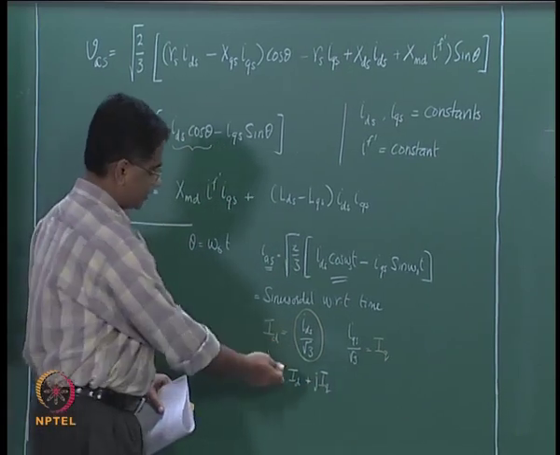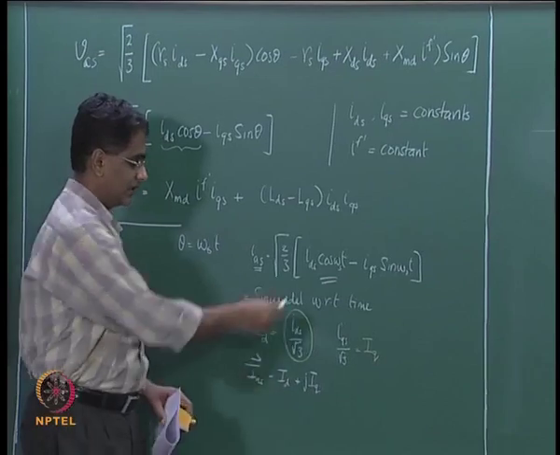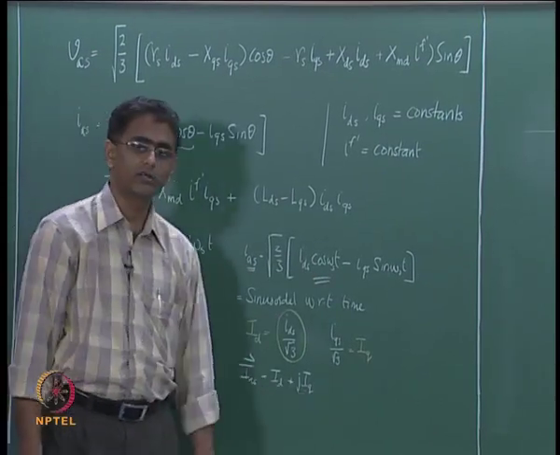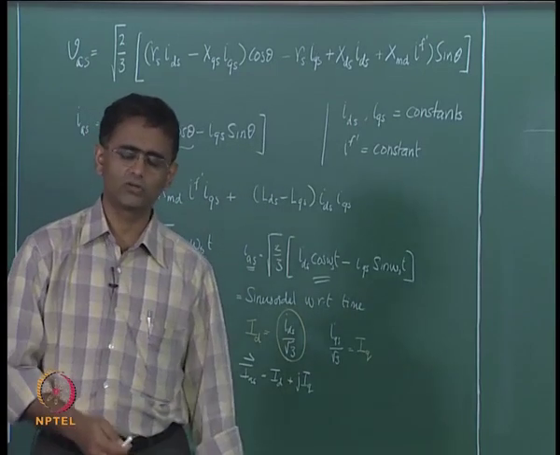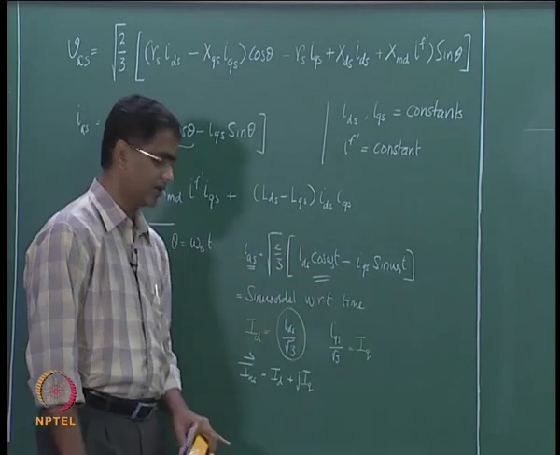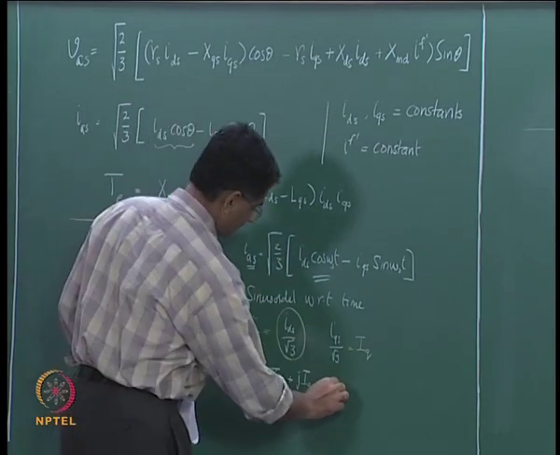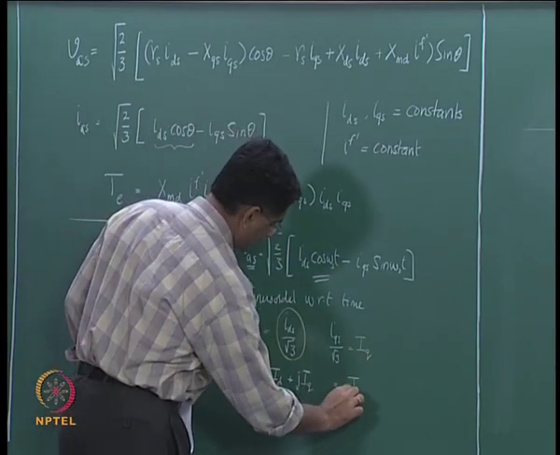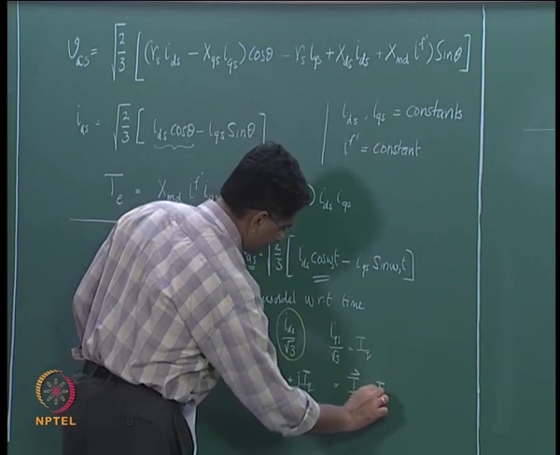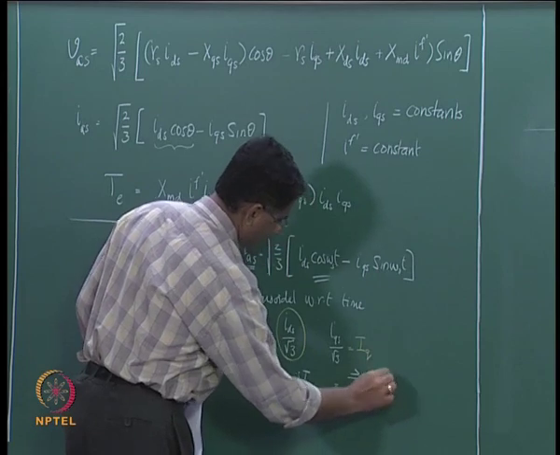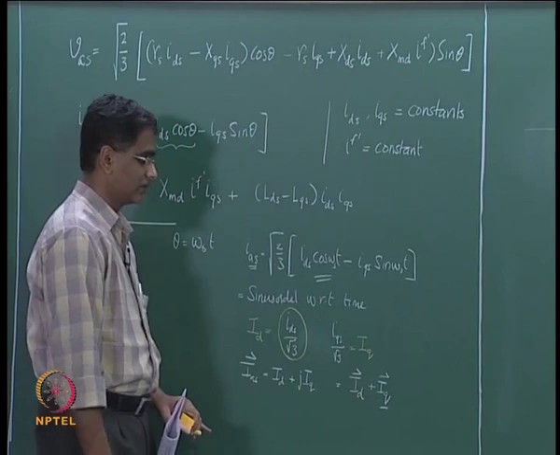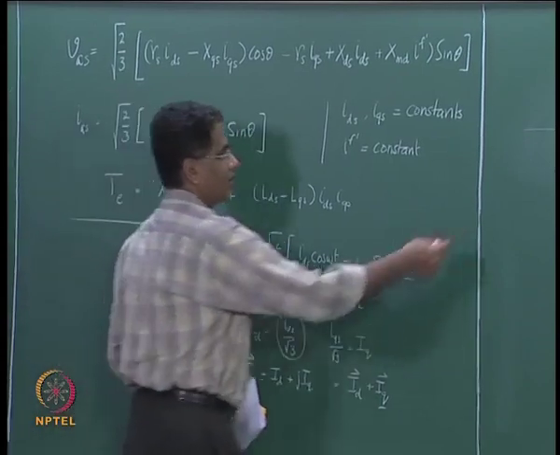So ID is along the real axis because that term corresponds to a cos omega t, IQ is along the imaginary axis or the q axis because it is a term that is minus sin omega t, which can alternatively be written as an ID phasor plus an IQ phasor, where IQ is the phasor representation of the q axis along the q axis.